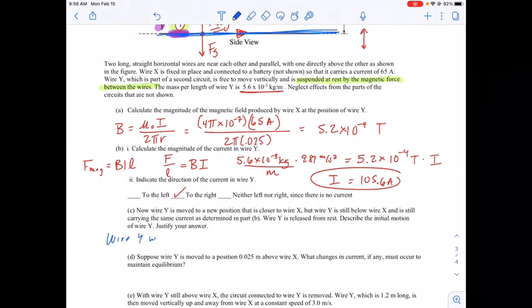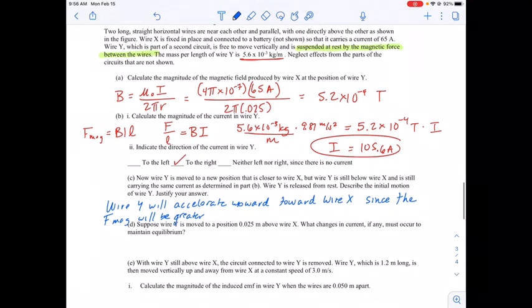So wire Y will accelerate upward toward X since the attractive magnetic force will be greater than the gravitational force, since the wires are closer together.